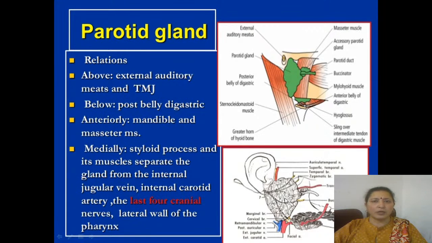The importance for the surgeon, in a surgical case, is the preservation of the nerve, or first of all the involvement of the nerve, whether it's a benign thing or malignant, the entrapment of the nerve along with the tumor, and the consequences of that. The patient may present with a deviation of the mouth, or may have some weakness in the upper lid. So that gives us a clue about whether the nerve is involved.